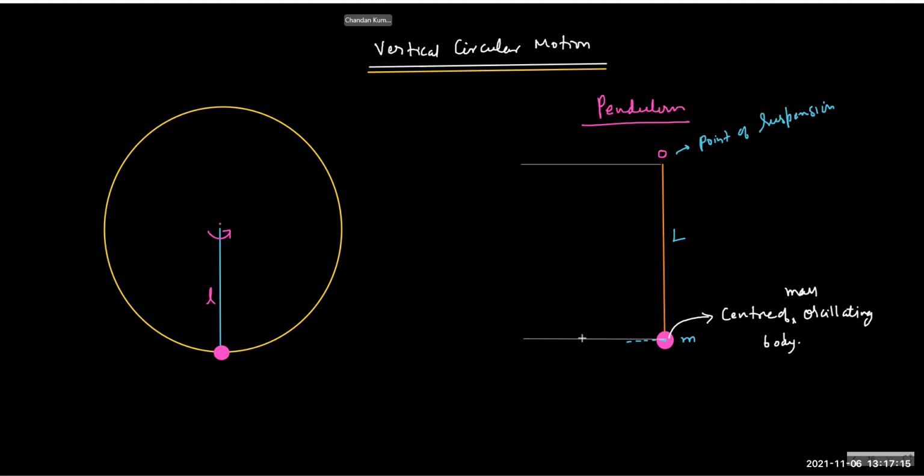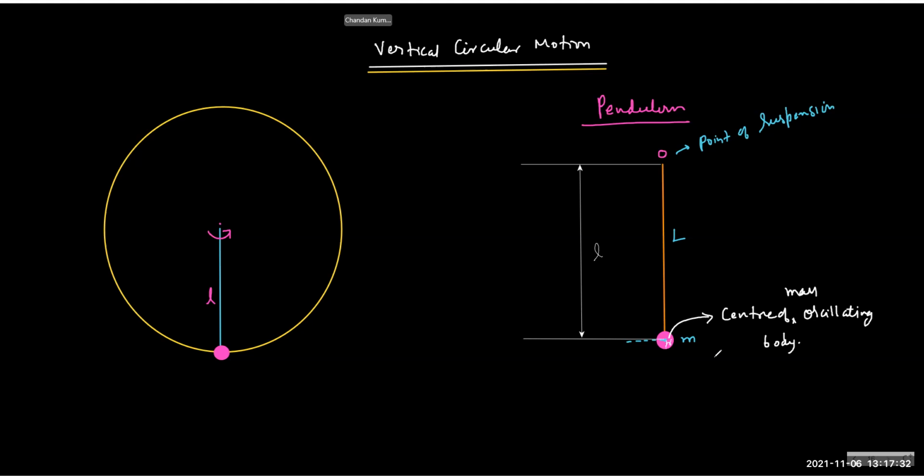It's called the length of pendulum. I may take this as small r. The length of pendulum is a technical definition.